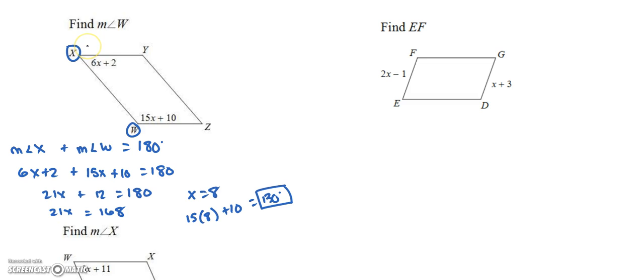Okay, so we could check this. What should angle X be? Angle X should equal 50 degrees, right? 6 times 8 is 48 plus 2. That does give me 50. Nice. Okay, now we're talking about side lengths. Opposite sides should be congruent. So 2x minus 1 should equal x plus 3.